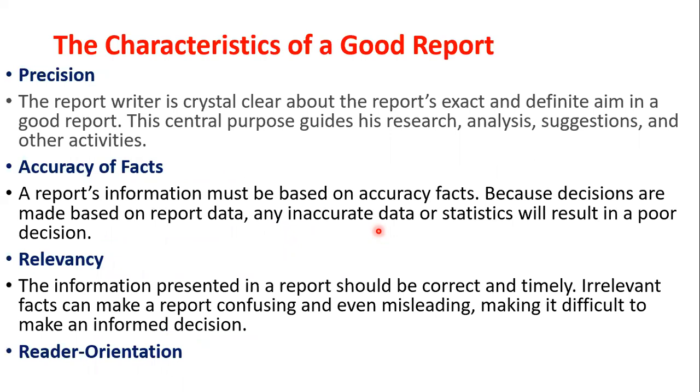Well, students, move next. What are the characteristics of a good proposal report? Precision, conciseness, that the writer must be clear about the aim and objective of that report. He must express the purpose. He should make proper research, analysis and suggestion.